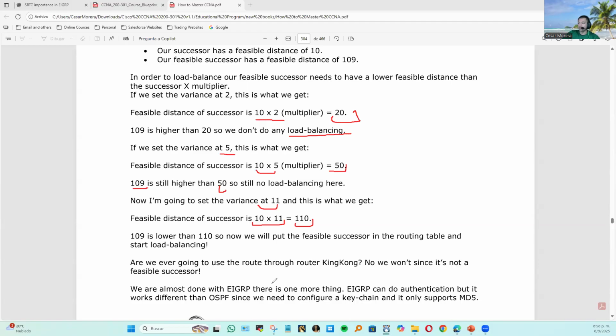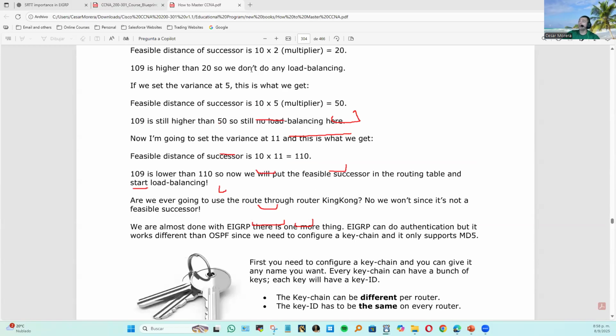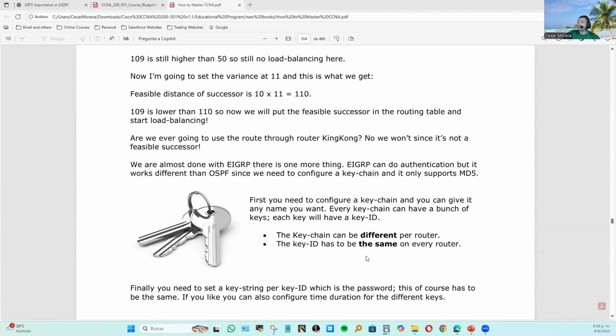We're almost done with EIGRP, but there's one last thing that we want to talk about. Let me just clear the drawings for a moment. The keys. Let's talk about the key chain. The key chain can be different per router. The key ID has to be the same for every router.